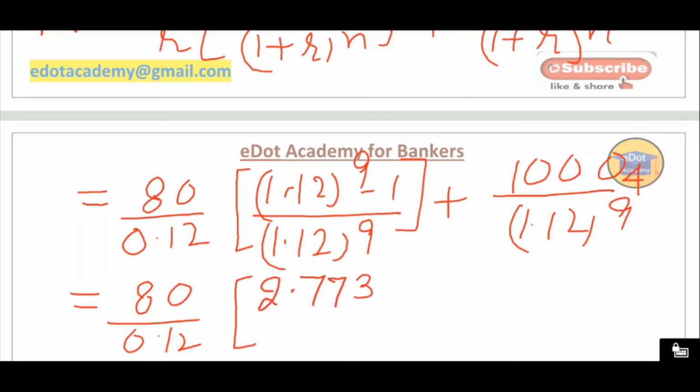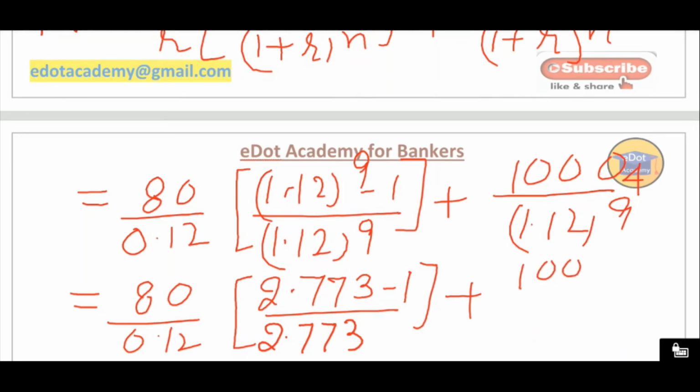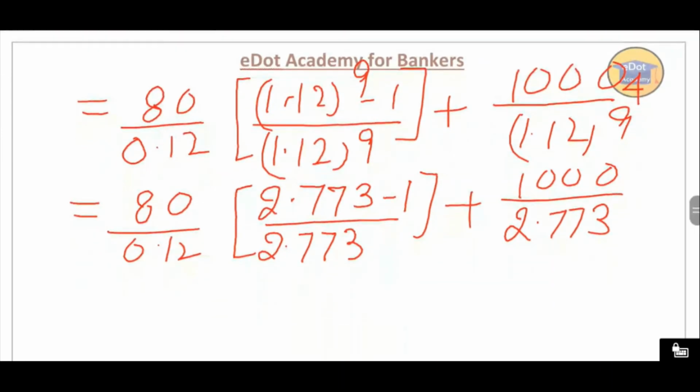So 2.773 minus 1, divided by 2.773, plus 1000 divided by 2.773. Okay, now you calculate this value, the entire value you calculate.